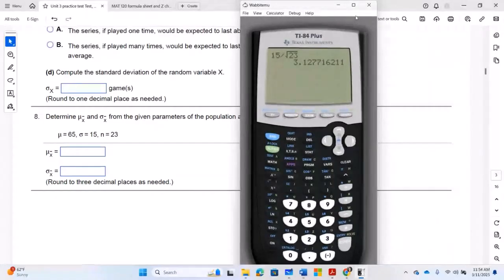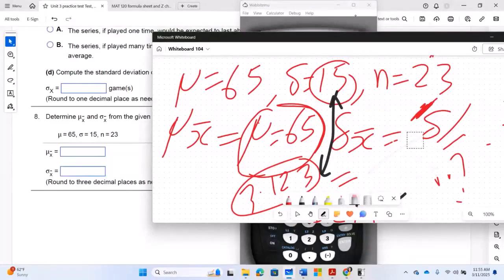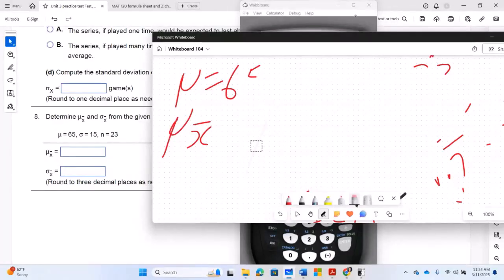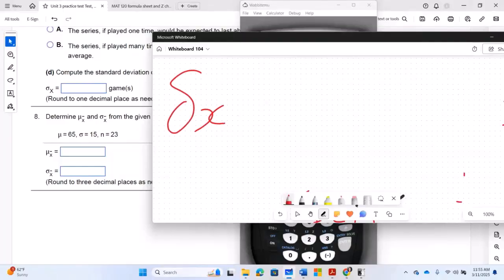I want you to note, let me make sure that I write this down. I want to differentiate between the standard deviation of an ordinary normal distribution and the standard deviation of a mean distribution, which is written as sigma x bar.